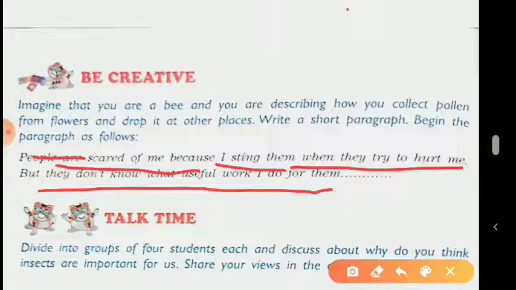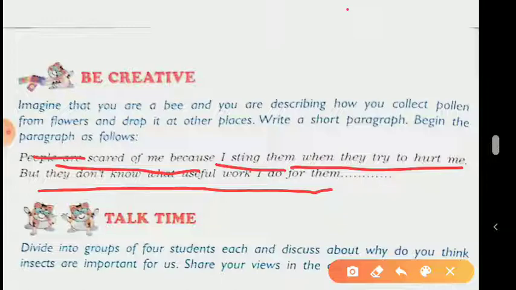Thus, plants make seeds and many new plants grow away from the parent tree. Full stop. Though I'm small, but I keep the cycle of life turning.